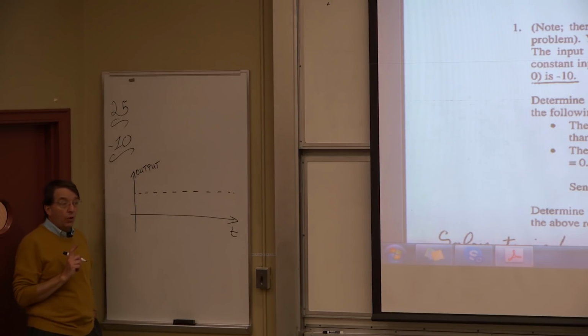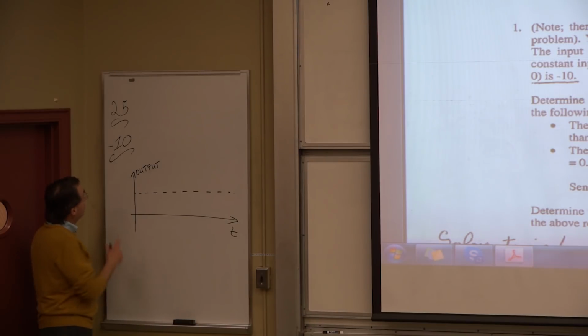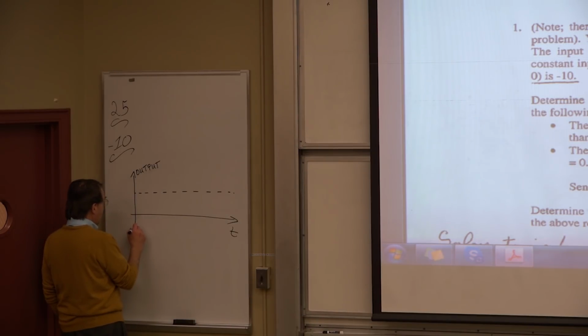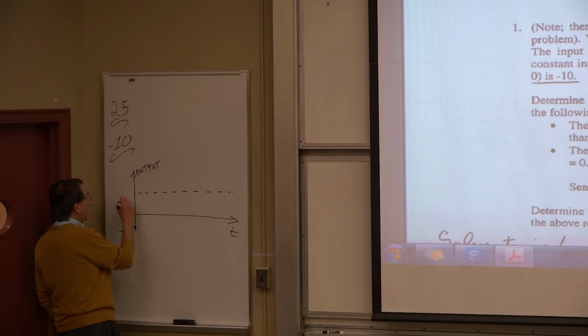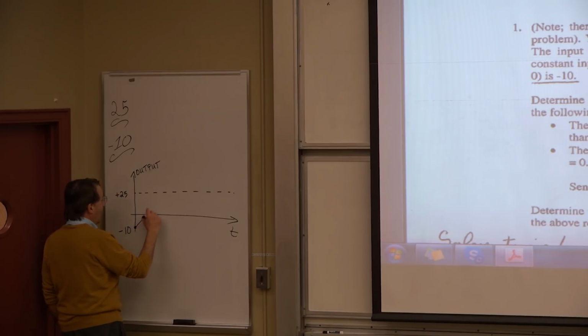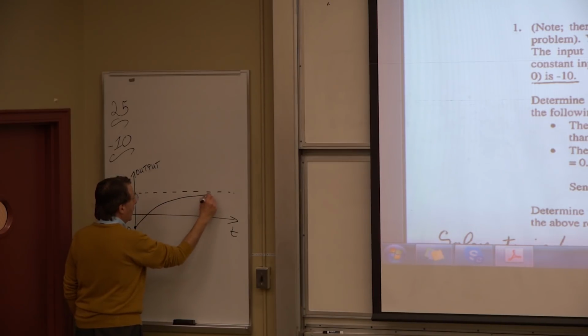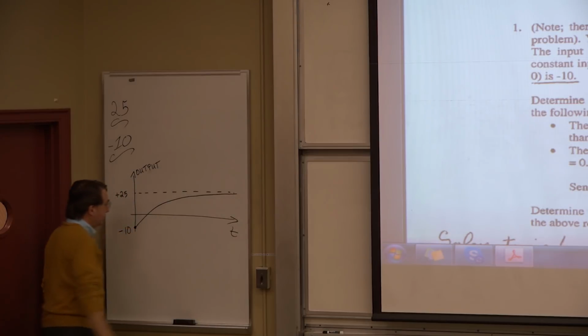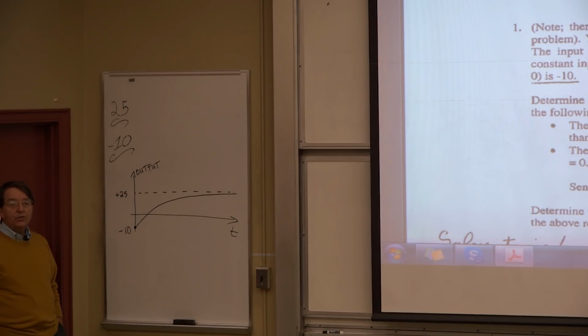Now, since it's first order, I know it's going to get there. Now, where does it start? It starts at minus 10. That's the initial condition. So it starts at minus 10 and goes to 25 and asymptotically approaches 25. That's what this graph looks like.